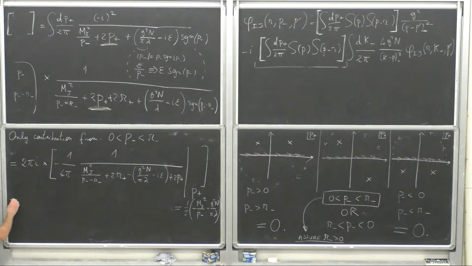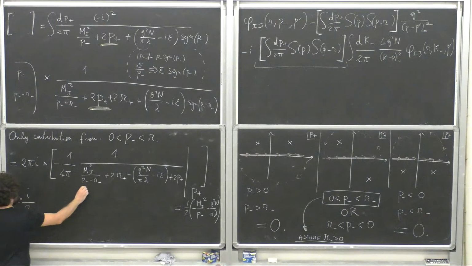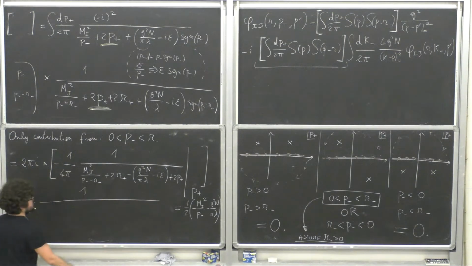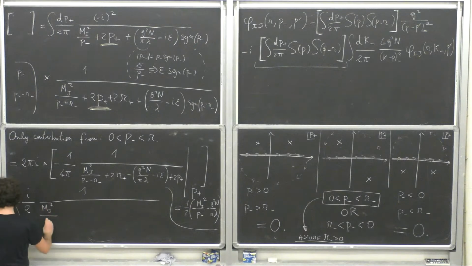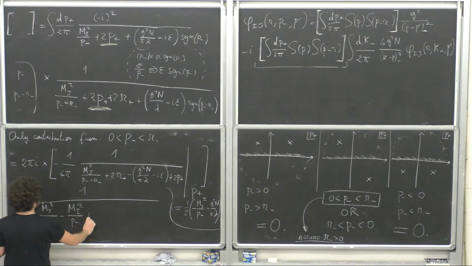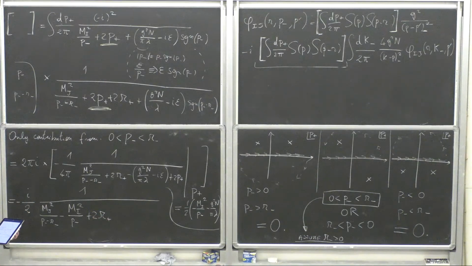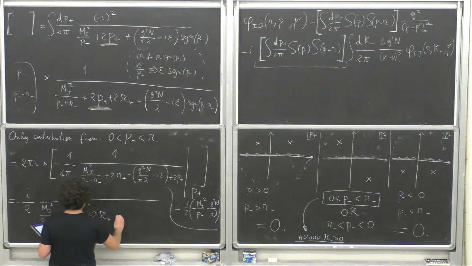Good. So what do we get? Eventually, we get minus I over 2 from these two, 1 divided by mj squared divided by p minus minus r minus mi squared divided by pi minus plus 2 r plus minus 2.